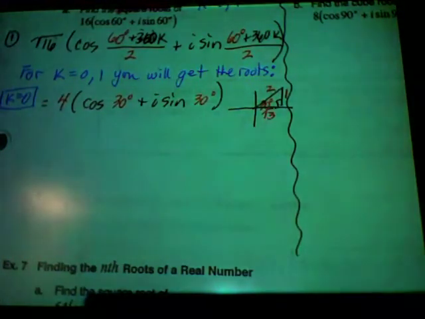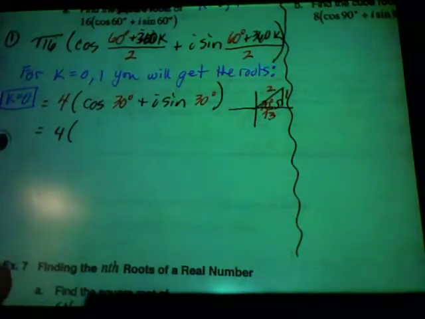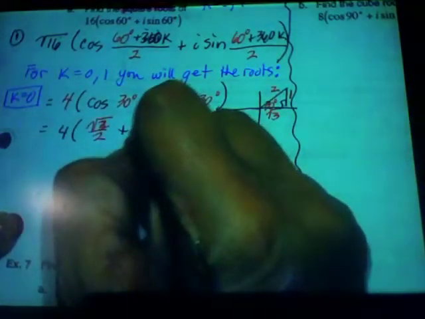So use your special right triangles to figure out your cosine and sines if you don't have them memorized. So we have 4 times, instead of cosine of 30, rad 3 over 2, plus I times the sine of 30, which is 1 over 2.